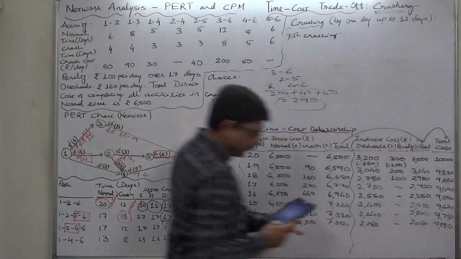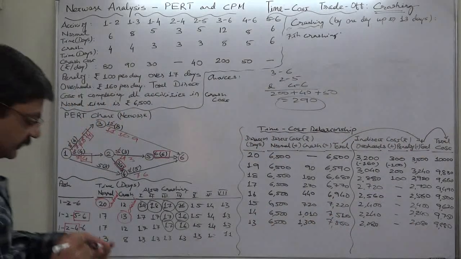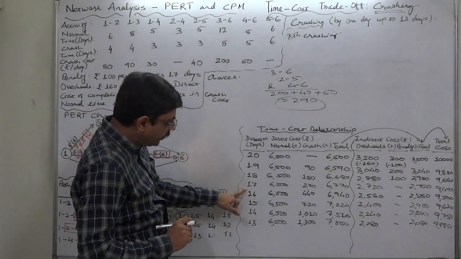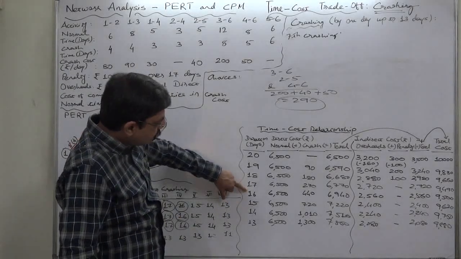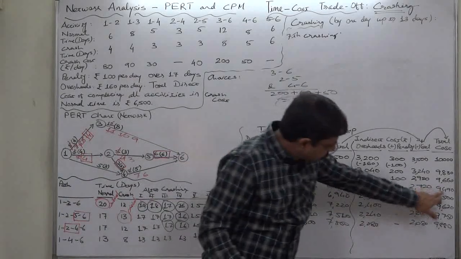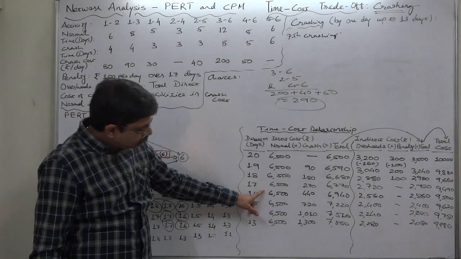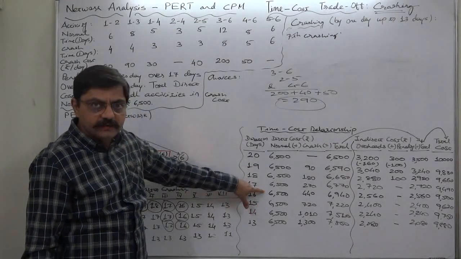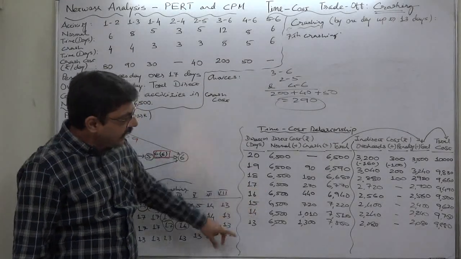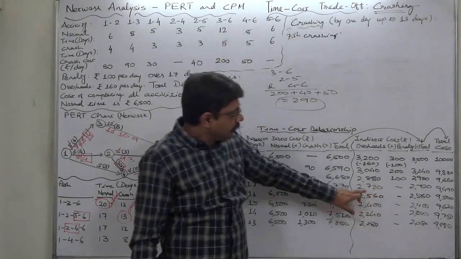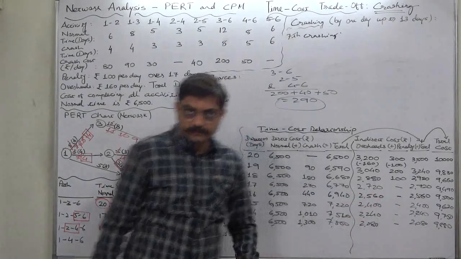It has further increased. So after 17 days, each and every reduction of 1 day in the duration increases the cost, because the crash cost of 1 more day after 17 days is greater than the amount of overheads per day.